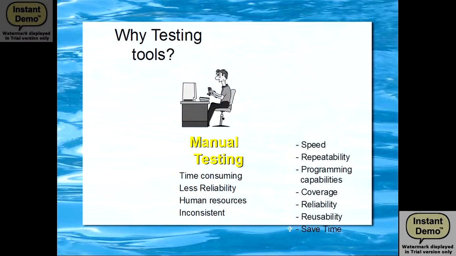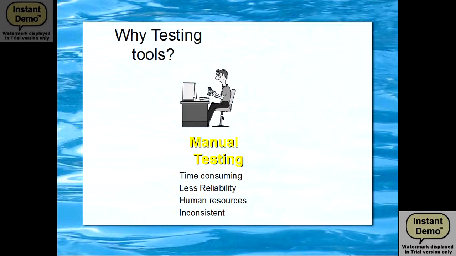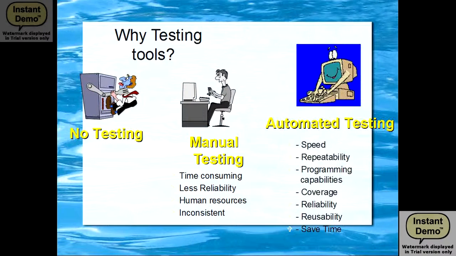So let us understand what the advantages of automated testing are. I hope it is very clear to all of you what the advantages may be. Whatever is a disadvantage, the opposite will definitely be the advantage. For example, we said manual testing is time consuming.